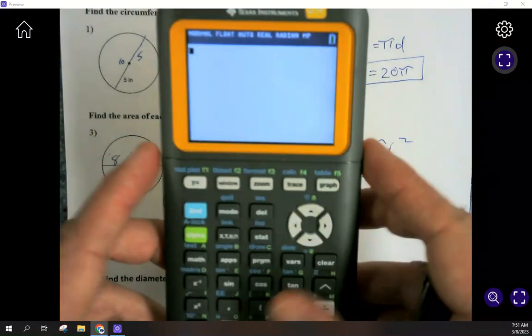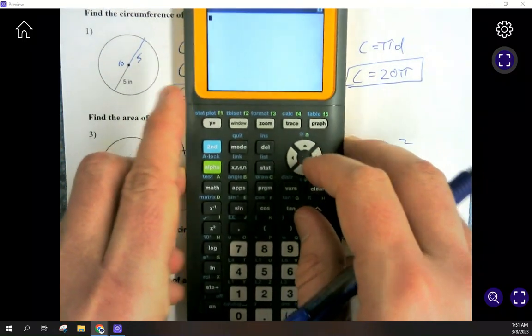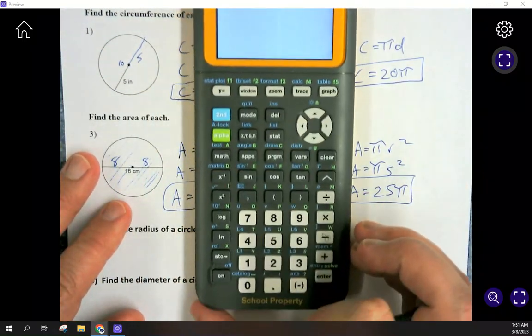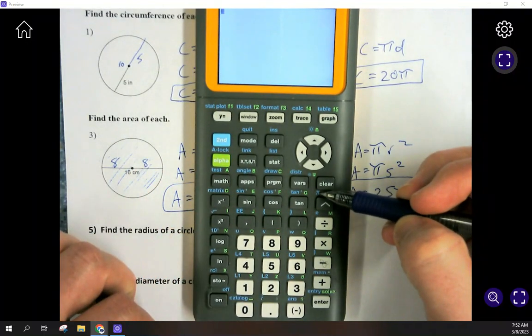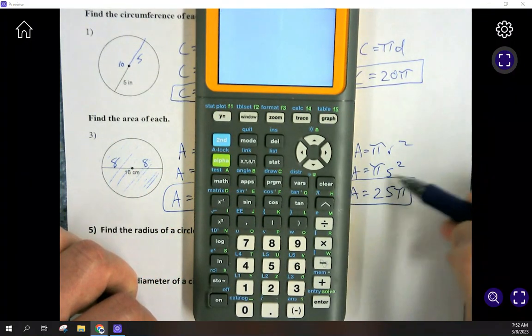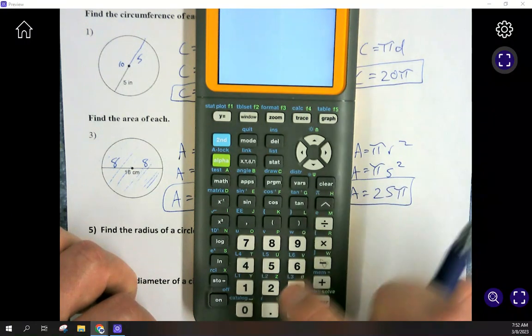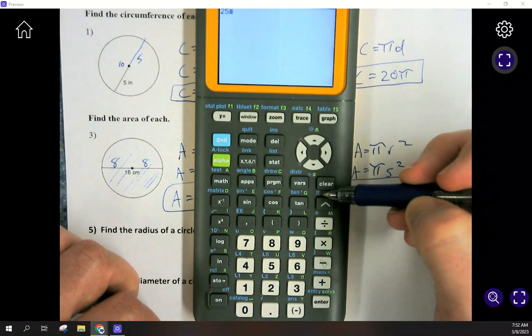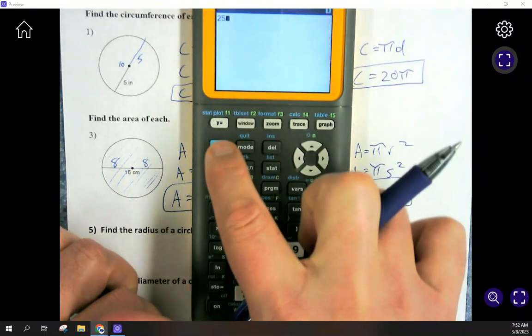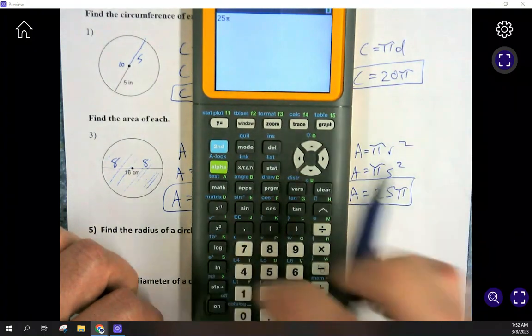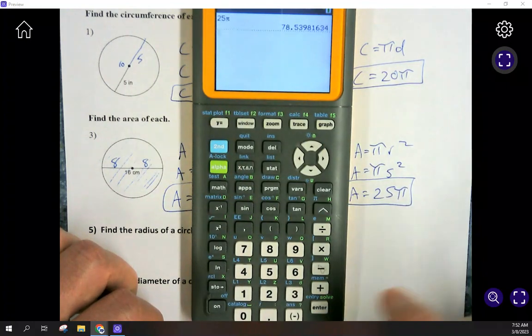So if you were doing a problem maybe from the textbook and they want you to round your answer to the nearest tenth, we need to know where the pi is on the calculators. So the pi is right here in blue. So if I did want to get this answer in decimal form, I would do 25, and then here's my pi. So I would hit the second to get to the blue, and then this button. You can see the pi pops up. You hit equals.